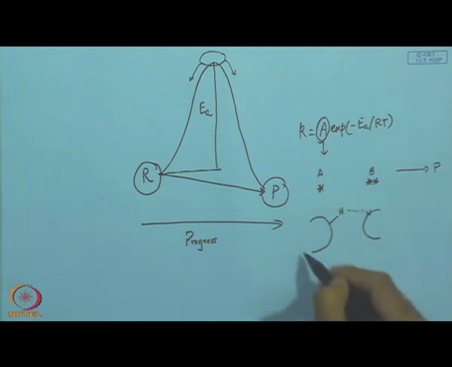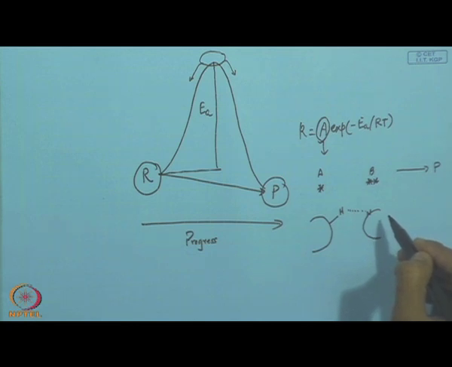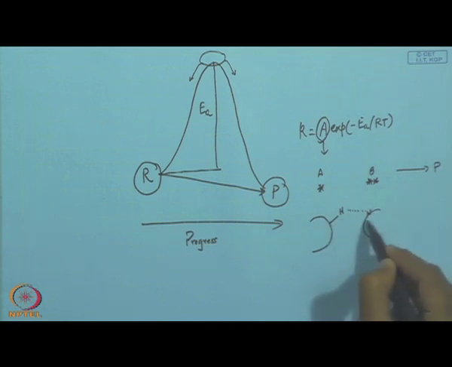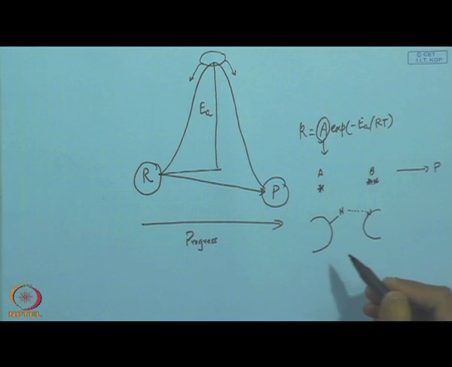This hydrogen bonded complex can sometimes be an activated complex, and later on, if we give more time, the hydrogen may get transferred from here to here, producing your product. That will come later, but the thing is, there is a definitive role of catalyst in speeding up the reaction. Okay.